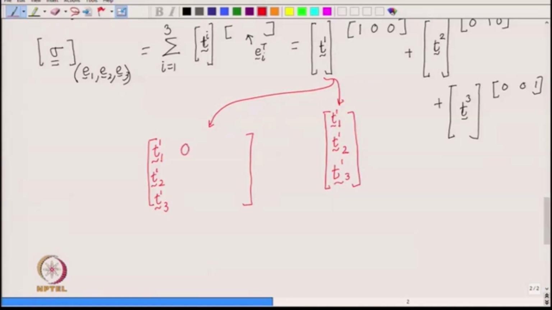The other 2 columns will be 0. You can check this, just work out the vector times row, and this is what you get. Okay. Likewise, when you work out the second term, you get 0 0 0 and T 2 1, T 2 2 and T 2 3.